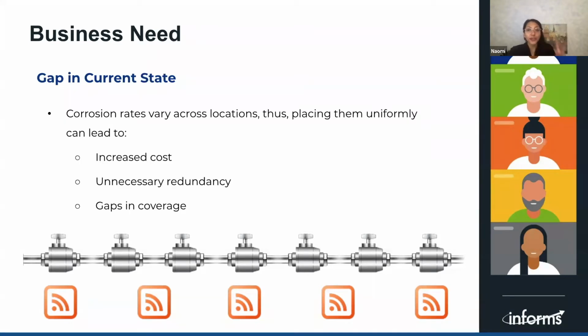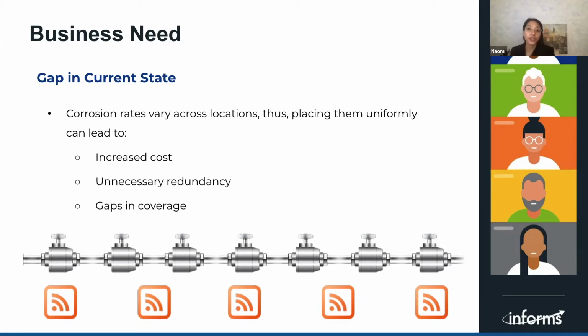There are two key problems with this faulty assumption and uniform placement. Since corrosion rates in fact do vary across locations, placing sensors uniformly can lead to unnecessary redundancy, and this drives up the cost of instrumentation, data collection, and processing.